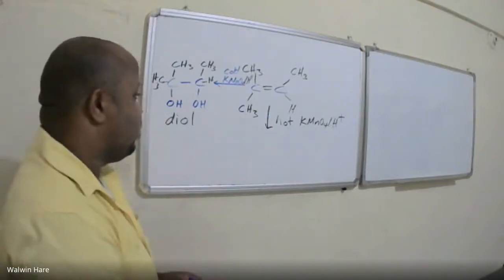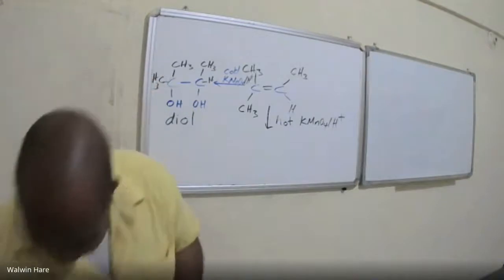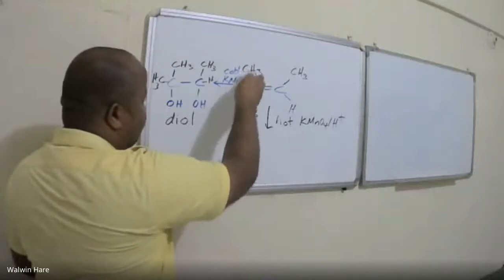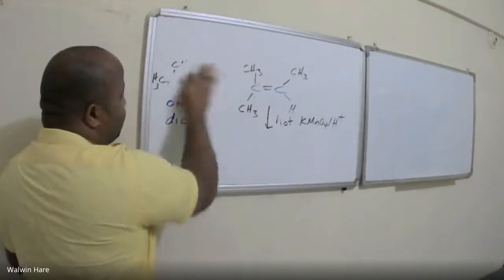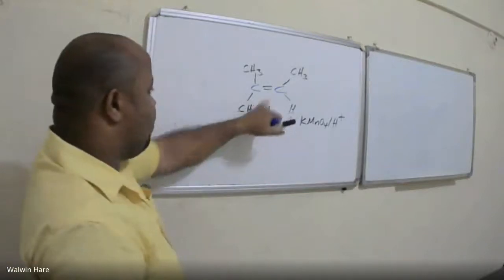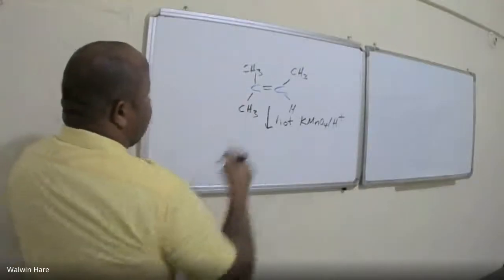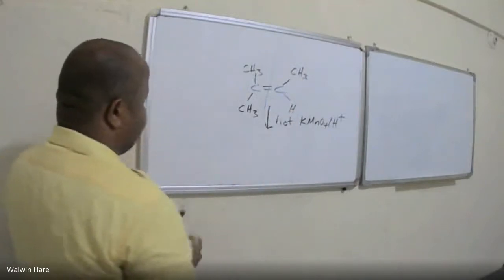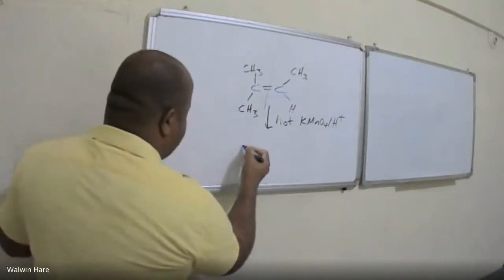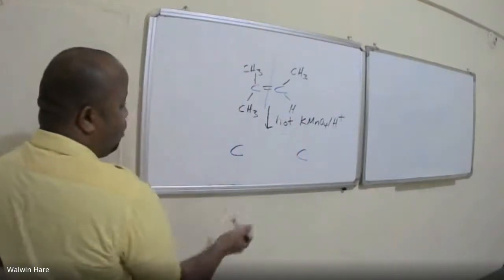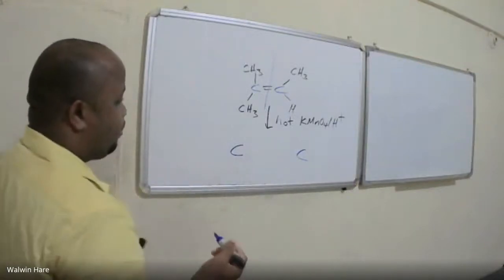And remember, without even looking at the structure that is on the paper, what should happen? When we use hot potassium permanganate, what happens to the double bond? Sir, it is cleaved. Right. So if we cleave the double bond, what happens next? Each carbon of the double bond is now broken. What happens to each of them?